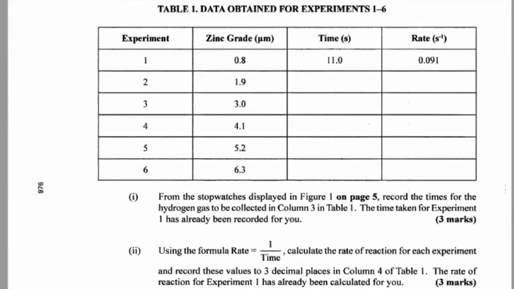Table 1, this is the data obtained for experiments 1 to 6. Part 1: from the stopwatches displayed in figure 1 on page 5, record the times for the hydrogen gas to be collected in column 3 in table 1. The time taken for experiment 1 has already been recorded for you. So we're just going to fill in our table.